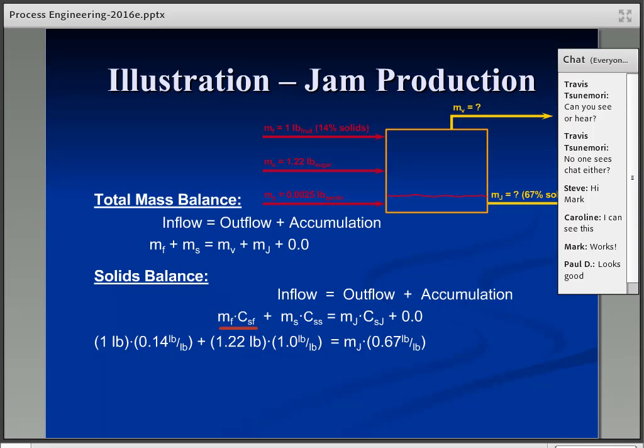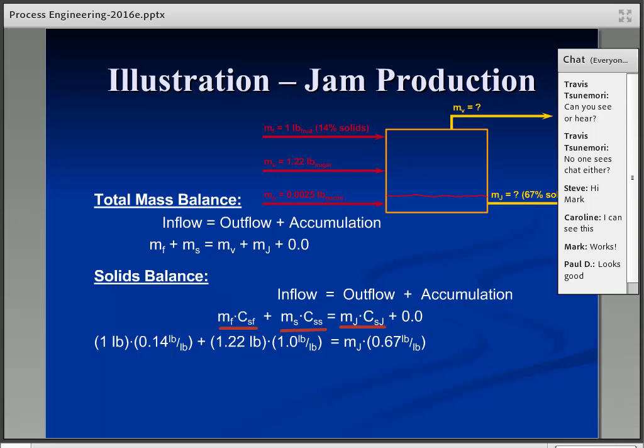So on the left side, we've got the mass of fruit coming in times whatever the solids concentration is there. We've got a mass of sugar coming in at its solids concentration, and the outflow is mass of jam at whatever concentration it's at. The water vapor coming off has no solids in it. We'll assume that anyway. There's very little solids coming off there.